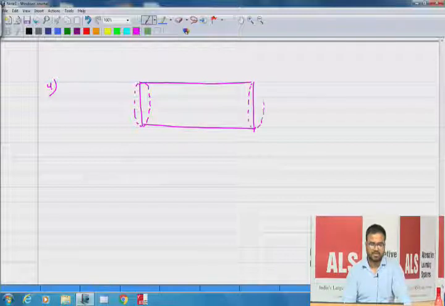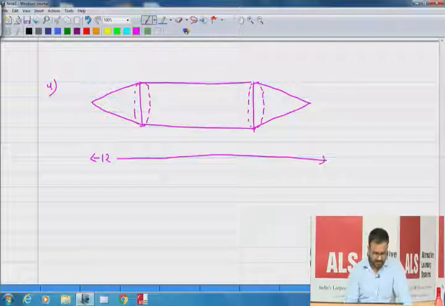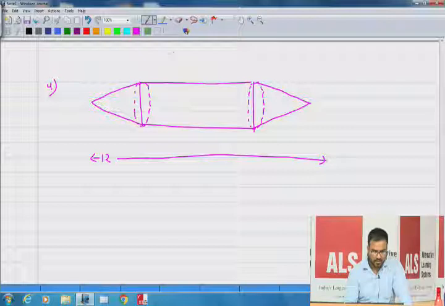So this is one cylinder. On the top of the cylinder there is a cone and here also there is a cone. The complete length is 12. This is 8 and diameter is 3.